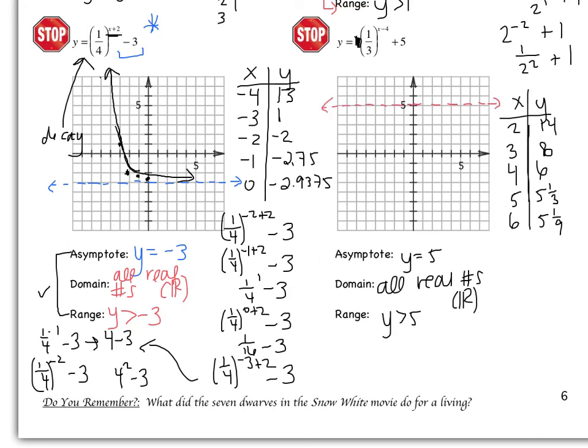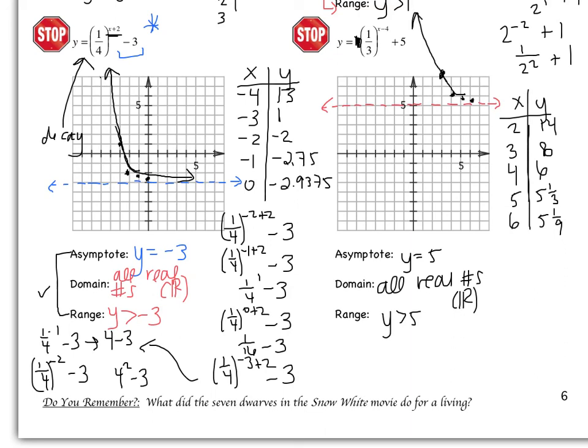Graphing the points we have: 4, 6, 5, 5 1/3, 6, 5 1/9, 3 and 8, and then 2 and 14 definitely doesn't fit on the graph.